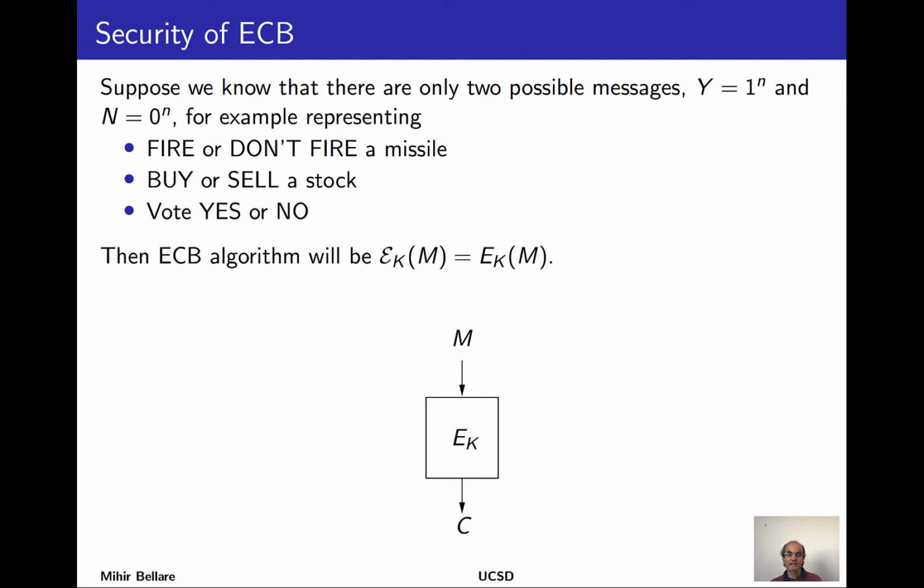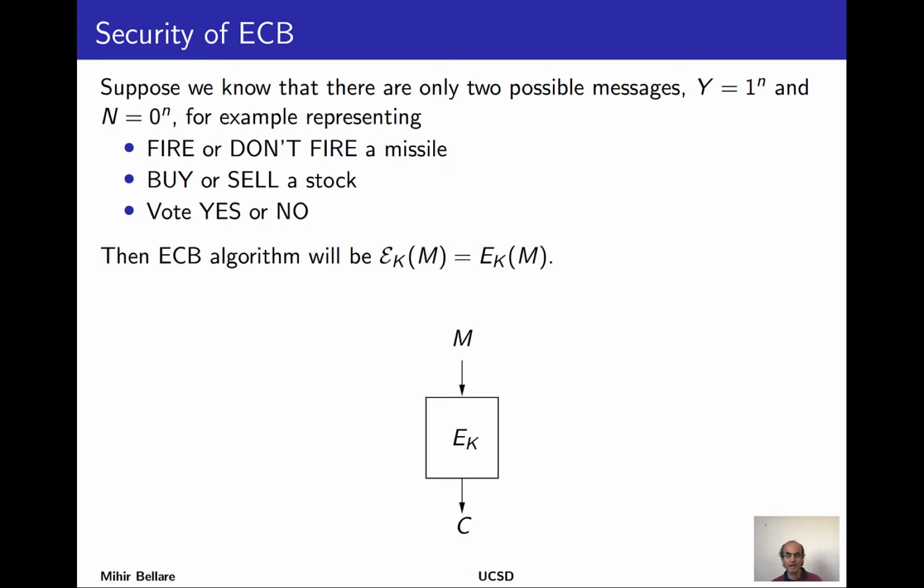Suppose that we know as an adversary that there are only two possible messages being encrypted. Let's represent them by the string of all ones and the string of all zeros of length the block length of the block cipher. Think of them as yes or no. Why might this happen? Well, maybe our application has that form.